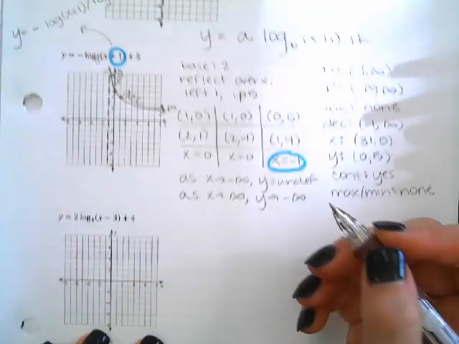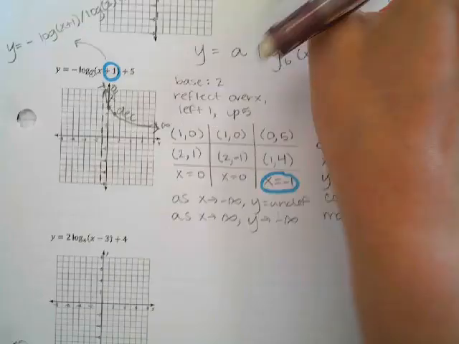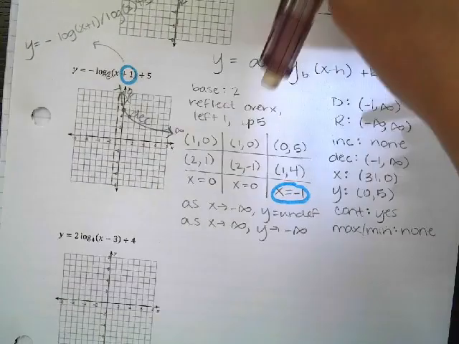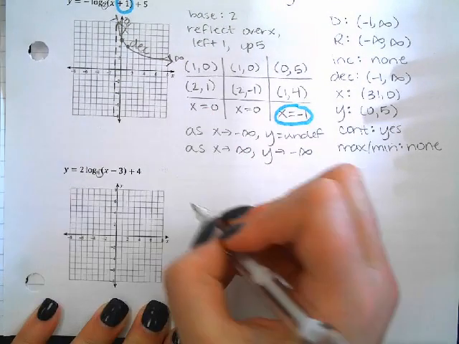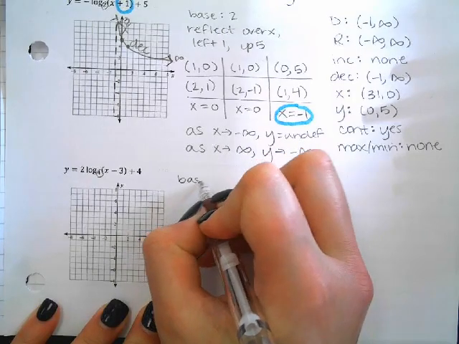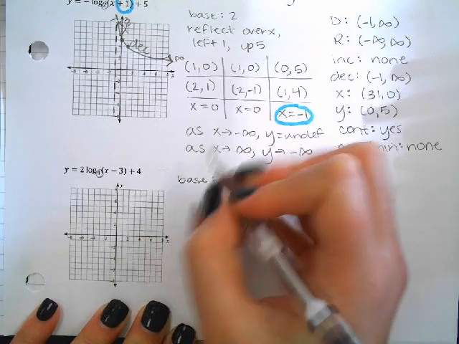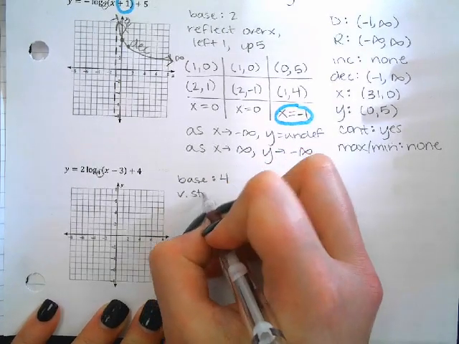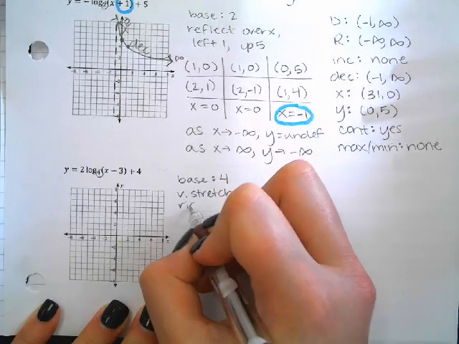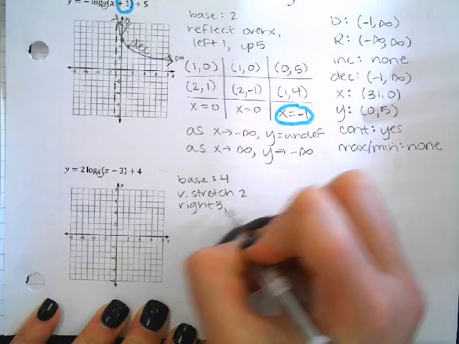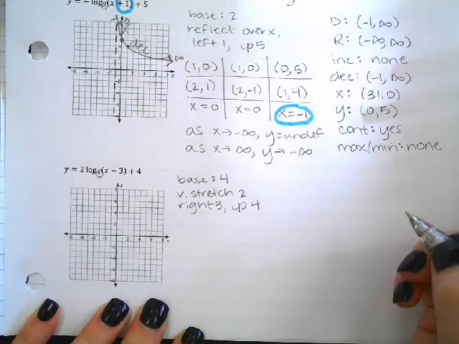Okay, let's do another example. So for this one, again, we want to know what the base is in our transformations. And so the base is 4. We have a vertical stretch of 2, and it goes to the right 3 and up 4.